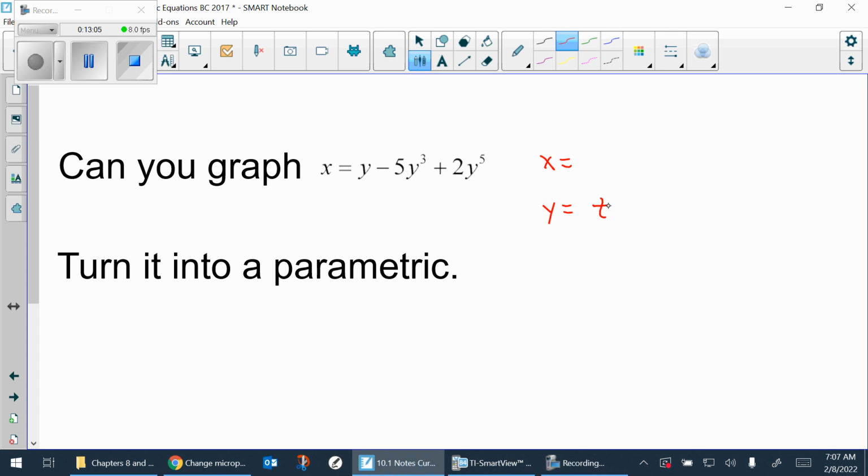Now, if y is equal to t, then x is equal to t minus 5t cubed plus 2, instead of y, I'll say t to the fifth. And I've got the parametric equation.